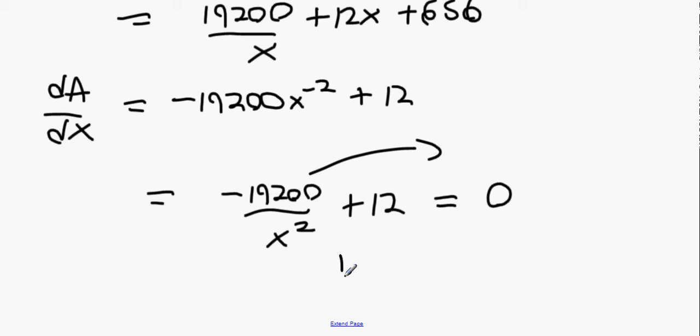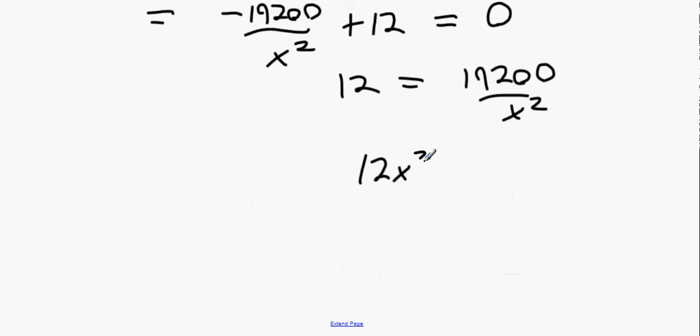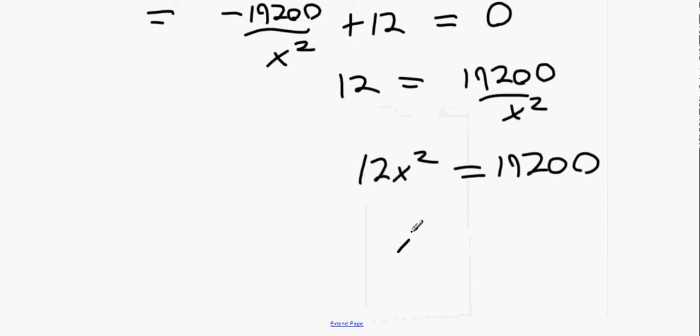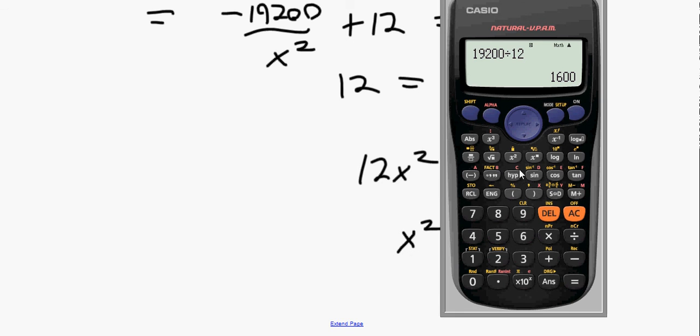Bring it over to the other side: 12 equals 19,200 all over x squared. 12x squared equals 19,200. Divide 19,200 by 12 and we get 1,600, so x squared equals 1,600. Square root that, and we get x equals 40.